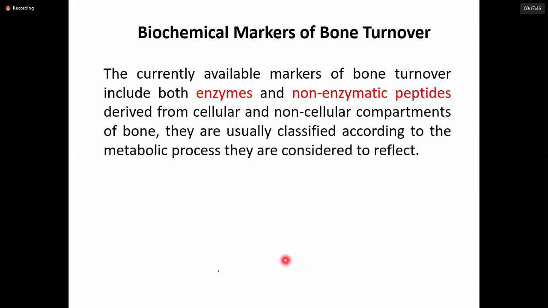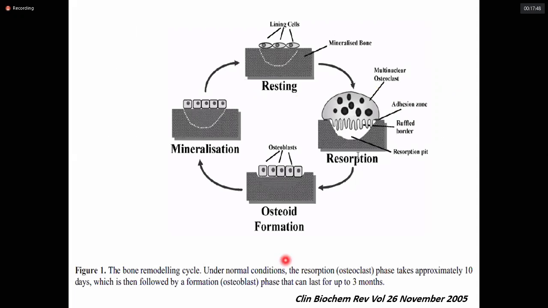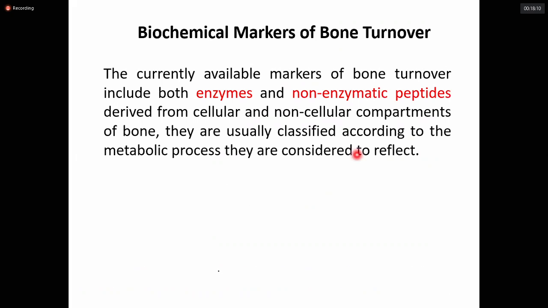In other words, if I have, for example, resorption higher than formation, I could see certain markers that are related to the structure of the bone. The bone cells are breaking down the proteins around them and giving us a group of fragments that should normally be intact and are now fragmented. So after fragmentation, they will appear in the blood, and we can detect these markers with certain techniques.